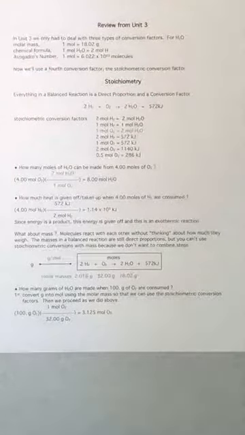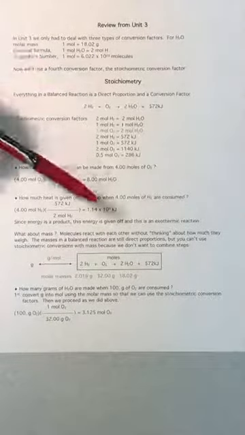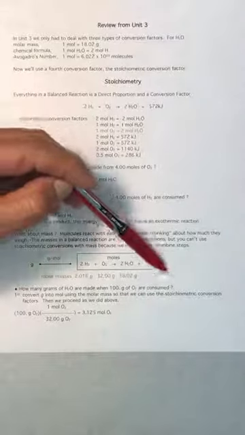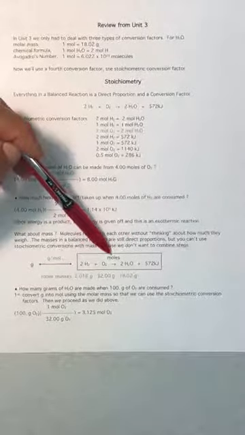What about mass now? Molecules react with each other. They don't think about how much they weigh, and the masses in a balanced reaction are still direct proportions, but you can't use stoichiometric conversions with mass because we don't really want to combine steps. So we'll separate the steps. As we talked about in the chapter, here's what goes on in a chemical reaction. This works for moles and molecules.